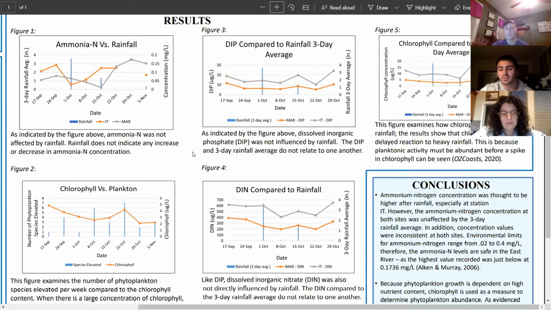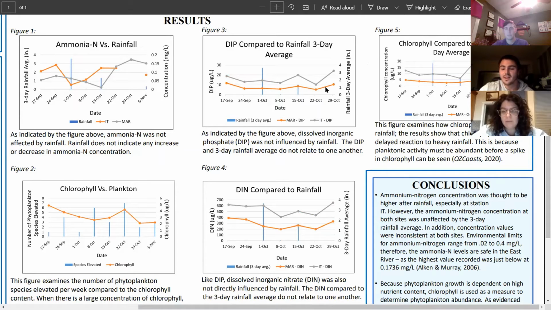For figure 3, we compared DIP to the rainfall average. In this figure, our results did not show a direct correlation between rainfall, which is the blue vertical line, and DIP at each site. The gray line is site IT, and the orange line is site MAR.